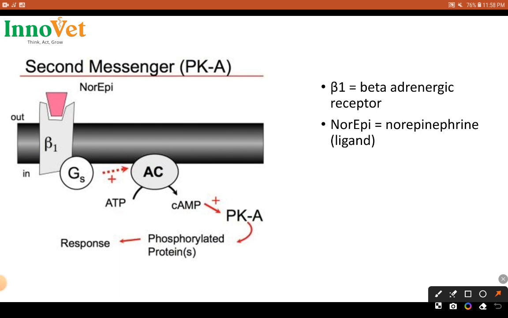We have our ligand, in this case norepinephrine, the neurotransmitter, binding to our G protein coupled receptor, in this case the beta adrenergic receptor.